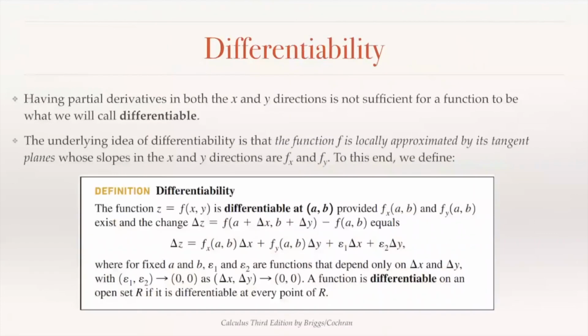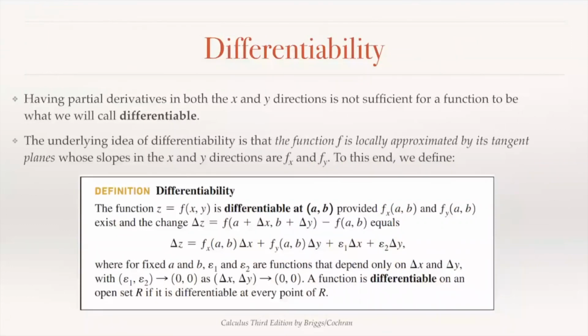Now, having partial derivatives in the x and y directions is not sufficient for a function to be what we will call differentiable. The underlying idea of differentiability of a multivariate function is that the function is locally approximated by its tangent planes, whose slope in the x and y directions are f sub x and f sub y.